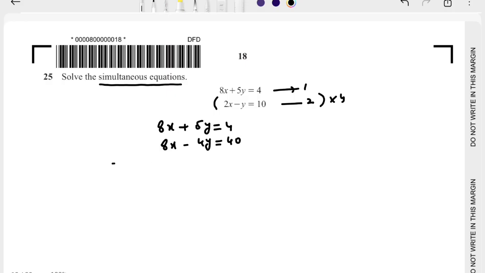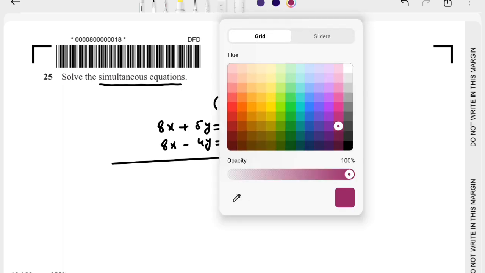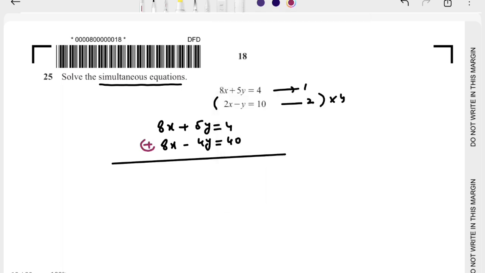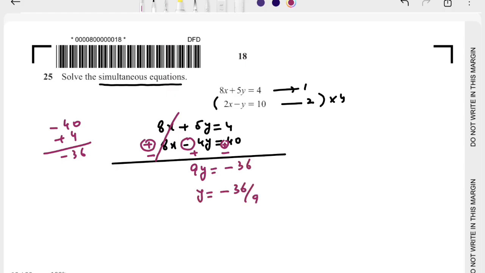Now eliminate them, and we have to change their signs. It will be negative, it will be positive, and this would be negative. It would be cancelled out. So 5 plus 4 becomes 9y is equal to minus 40 plus 4, which is equal to minus 36. So divide by 9. So the value of y is equal to minus 4.